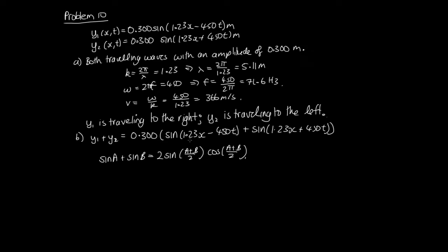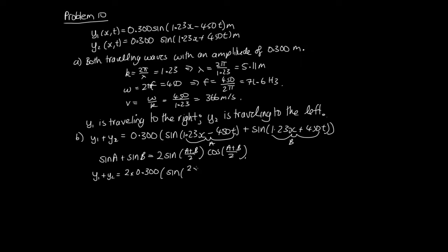And in this case, this thing here is going to be our A, and this thing here is going to be our B. So we've got sine of A, which is this thing, plus sine of B, which is that thing.